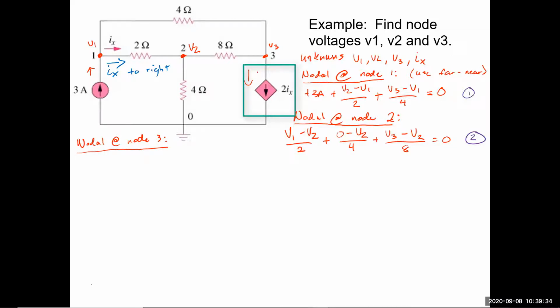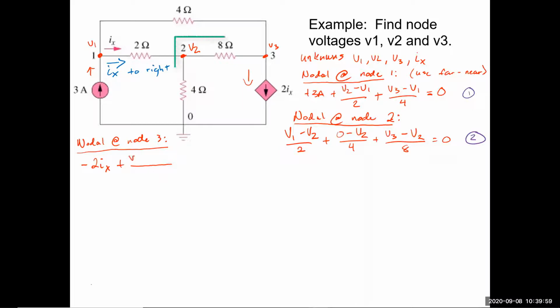That's a current source, and it doesn't matter if it's dependent or independent. It's an actual current source, so we're not assuming its direction is into the node. Its direction is shown on the circuit schematic. It's leaving the node, so this is a minus 2Ix.